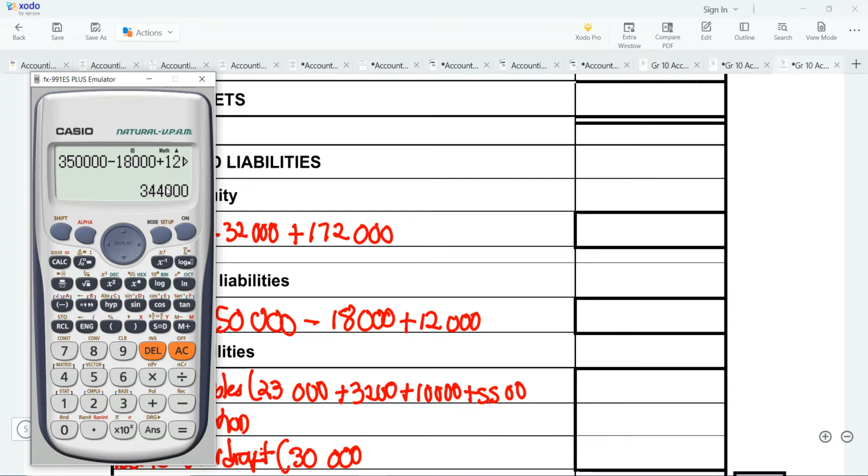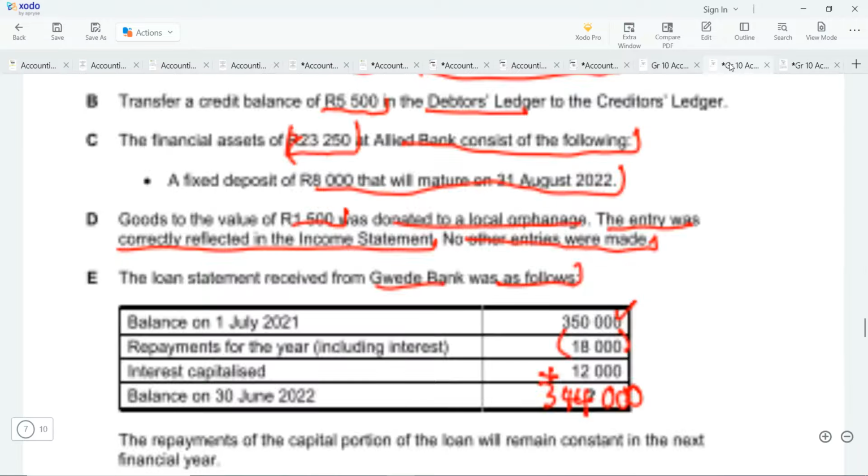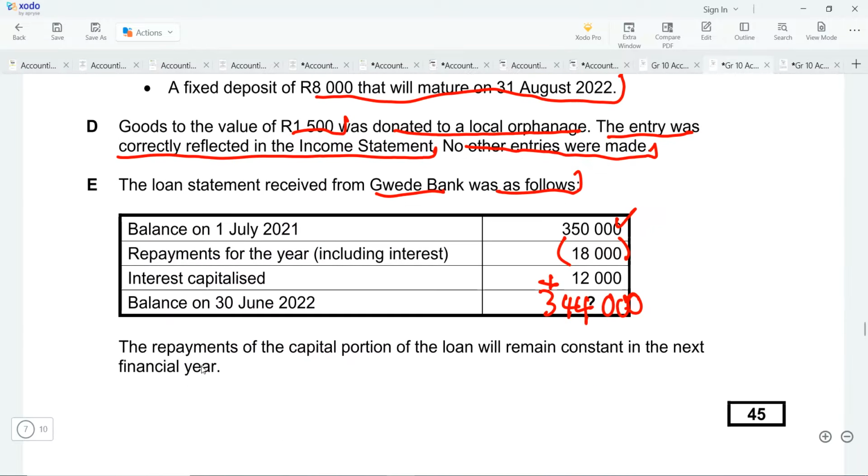We got it, but we need to check if there are any repayments that will be made in the next 12 months. Here they're saying that the repayments of the capital portion of the loan will remain constant in the next financial year. Now, when you want to see what your current portion is, you just check the difference between your interest and your repayments.